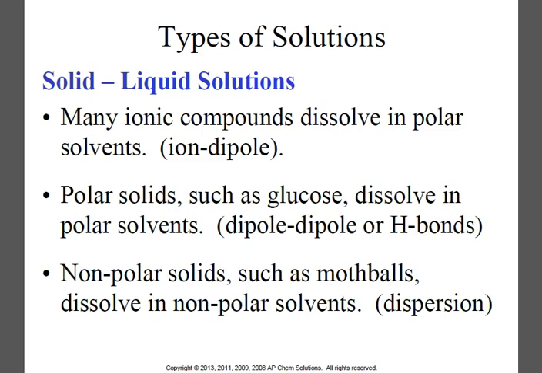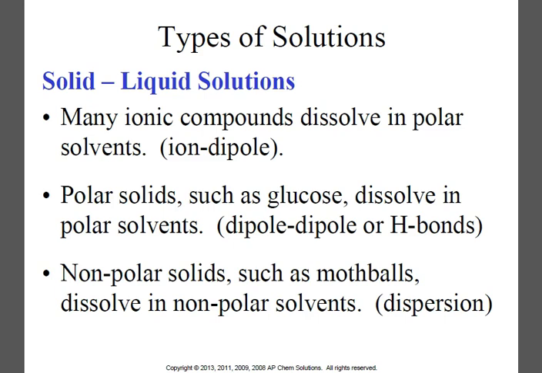If you have a polar solid like glucose, it will dissolve in a polar solvent like water. So there we'll have dipole-dipole attraction, or if the solid has hydrogen bonding, we may have hydrogen bonding with the water. That is a favorable interaction, so a lot of polar solids will dissolve in water.